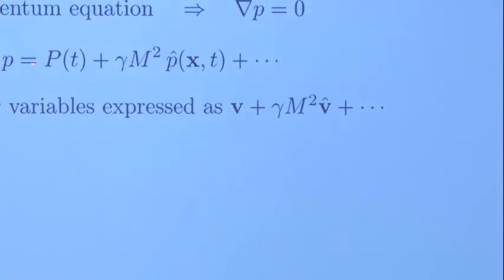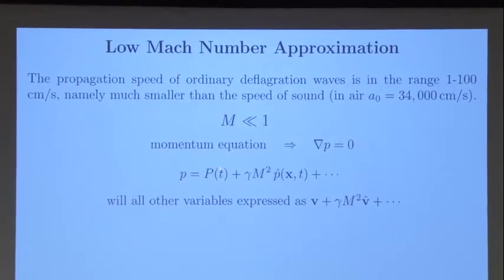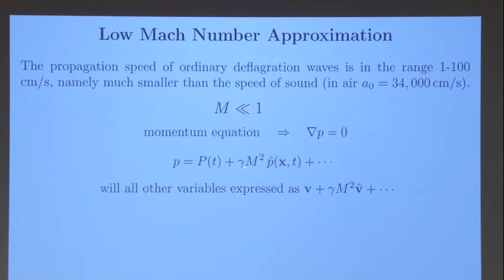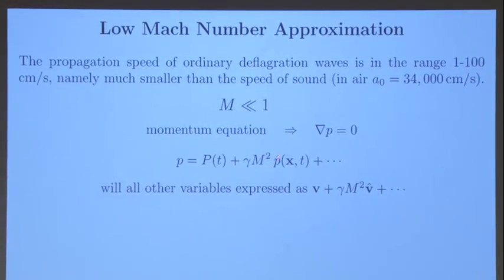So the pressure is nearly equilibrated immediately in the field. And this is because the speed of sound travels very fast compared to the gas. So the consequence of this is that P can be written as essentially a function of time only, plus a small perturbation of the order of the Mach number squared, P hat.